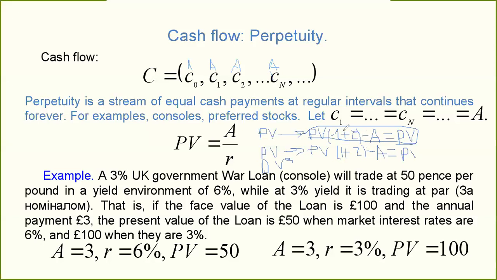So we have present value on the left side and on the right side, and from this we have present value multiplied by r, and minus r to the right side, so it's A, and from this present value equals A divided by r. Is it clear?